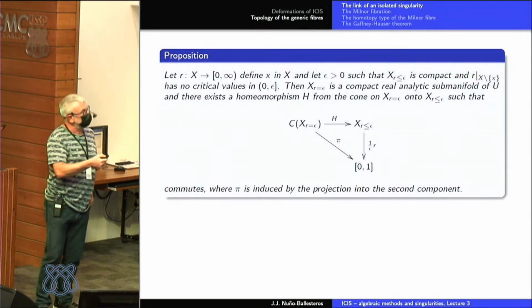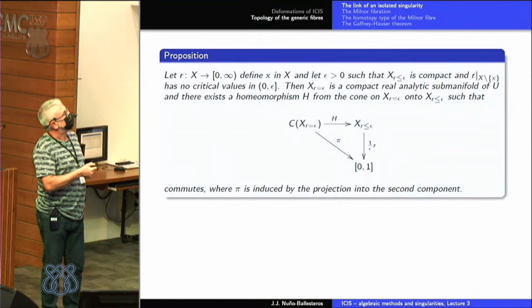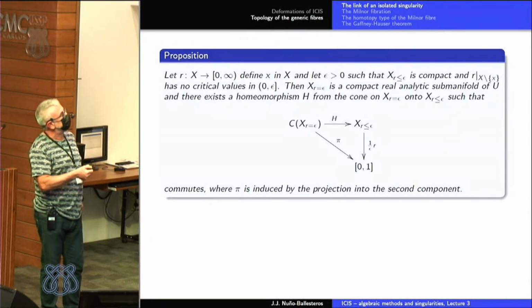So one first result is: if you have this control function R, which defines the point in X, take epsilon positive such that this set is compact and this restriction has no critical values in this interval. This is always possible because of the previous lemma.